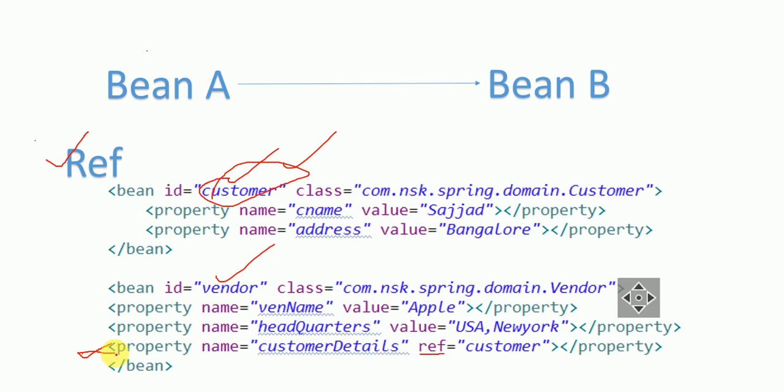No problem, you don't need to provide this one. We have one more feature provided by the Spring community, that is called Autowire. So we'll move to the next topic, Autowire.